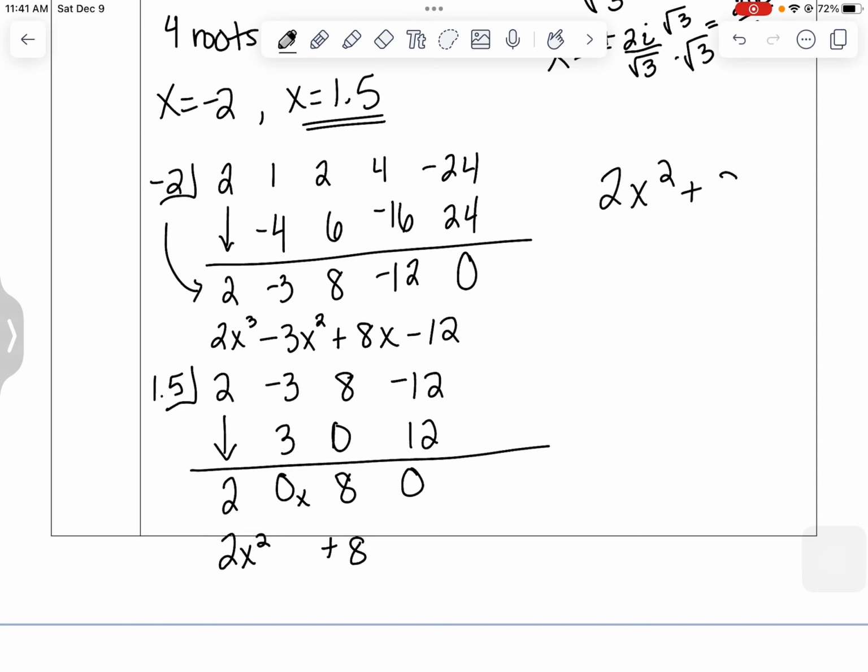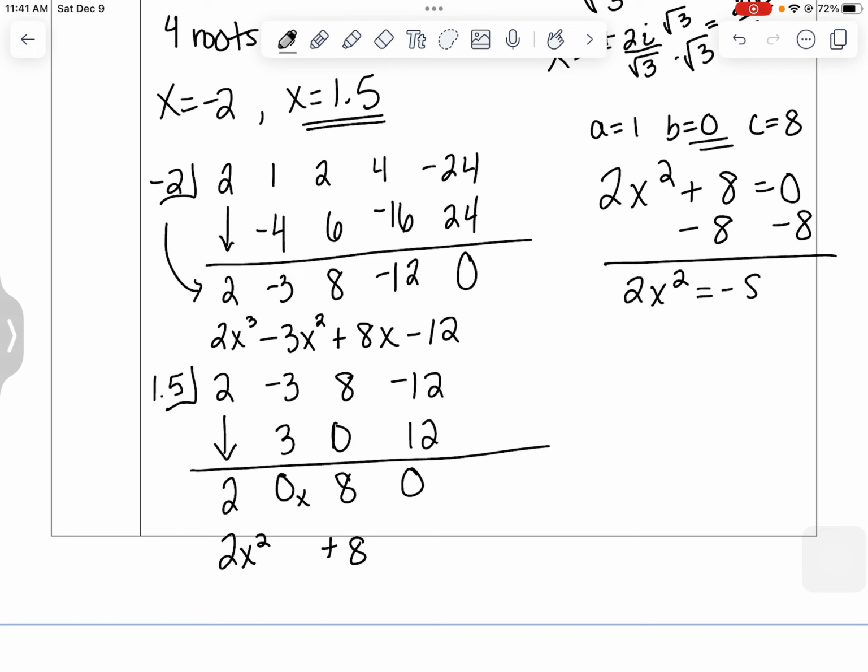And then I can solve that one, 2x squared plus 8 equals 0. You could use the quadratic formula again, but since you're missing that b term, b is 0, there are no x values here, you can solve by square roots again. So subtract 8, divide by 2, and then take the square root of both sides.